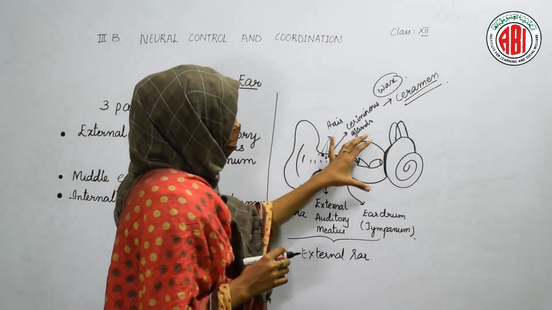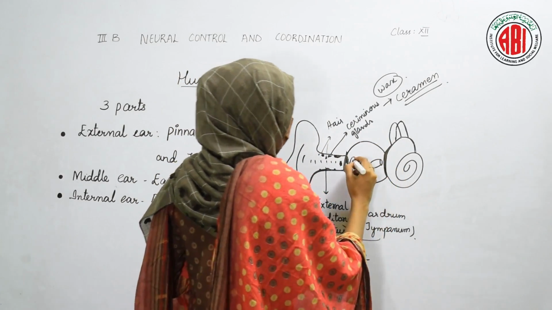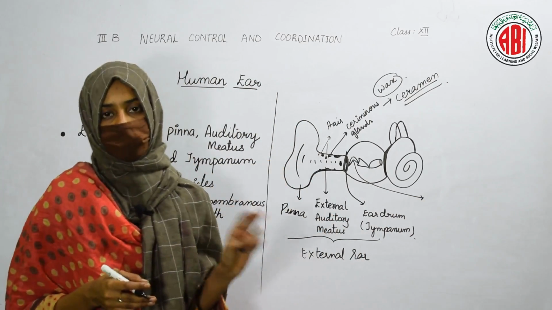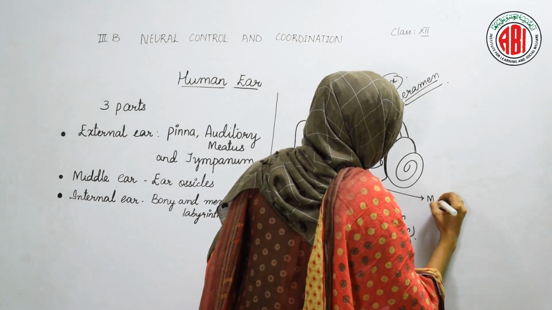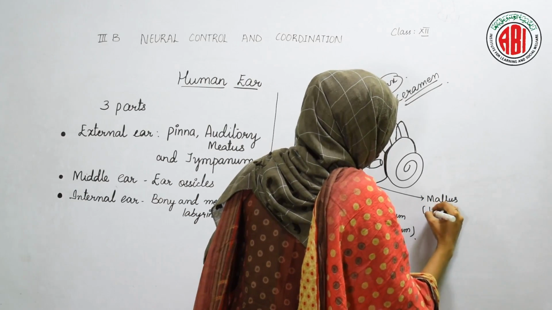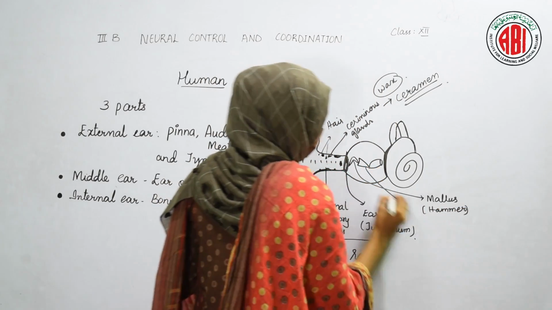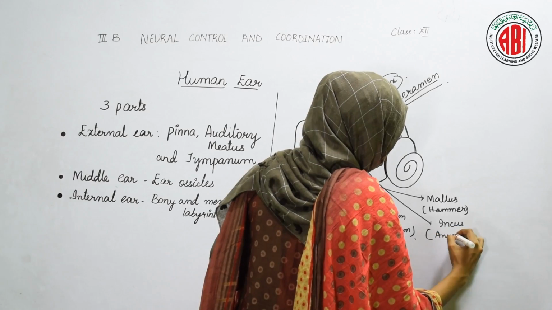Now, when you see the middle ear, this part is called the middle ear. It shows three main bones present in the middle ear. One is malleus, which is also named hammer. The other one is incus, which is also termed anvil.